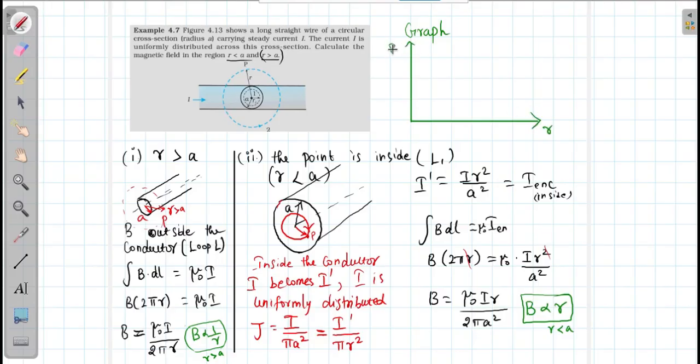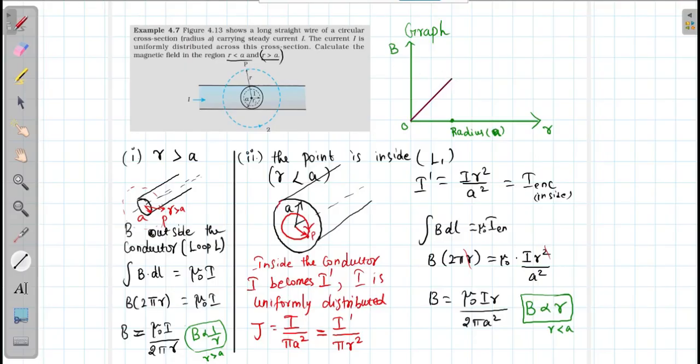Consider this as the radius A. From the center, the magnetic field keeps on increasing until it reaches the surface, where the value is maximum.